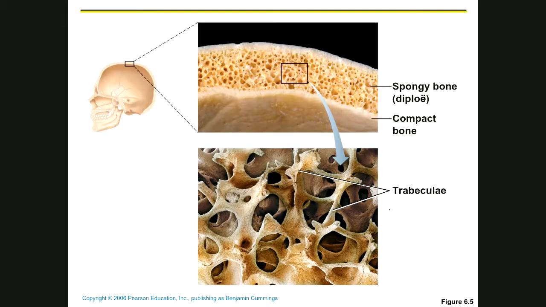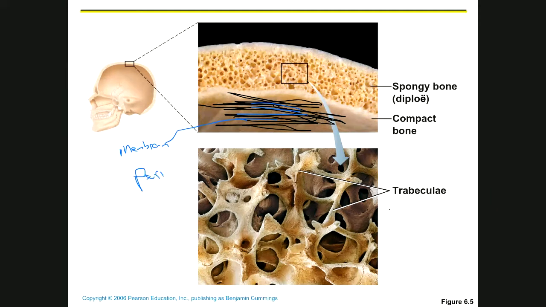So here's that flat bone. So here would be the membrane. What membrane would this be? What membrane would that be? No, this is dense bone. What membrane would that be? Would it be the periosteum or the endosteum? It would be the periosteum. And again, it's got 2 layers.